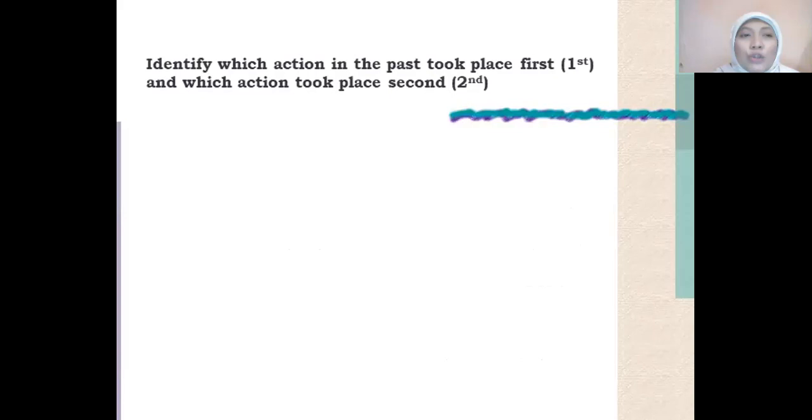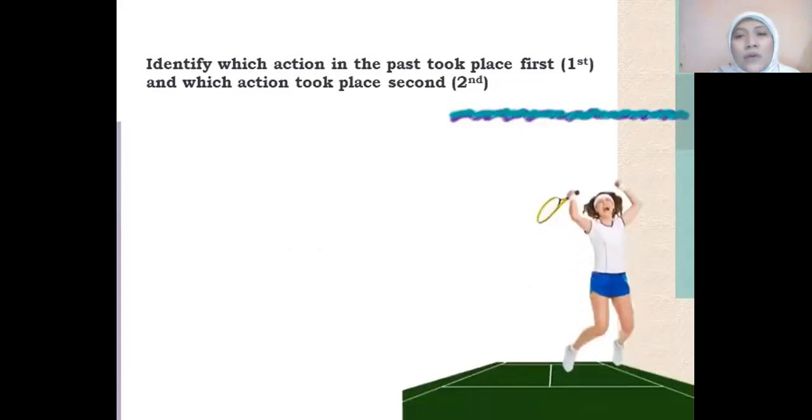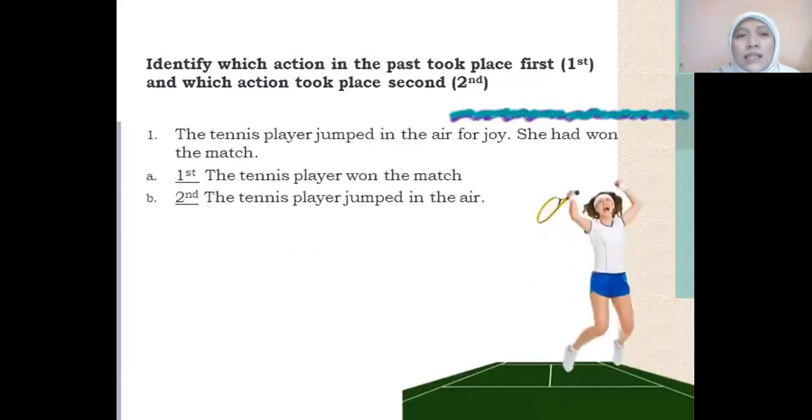Okay, now we are going to practice to identify which action in the past took place first and which action took place second. Let's see number 1 as our example. The tennis player jumped in the air for joy. She had won the match. Nah, the first event is the tennis player won the match, and the second, the tennis player jumped in the air.